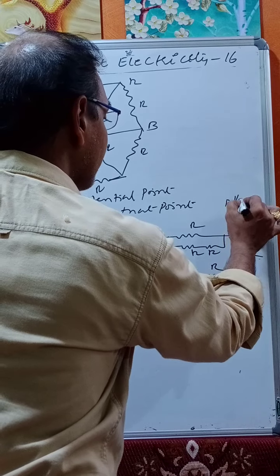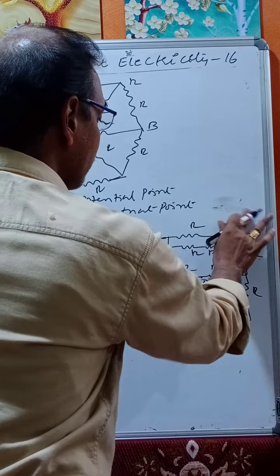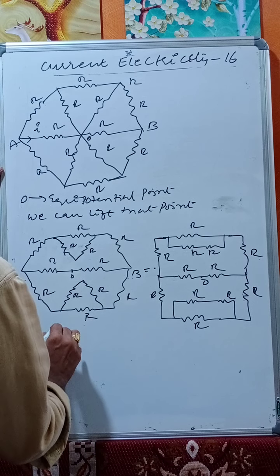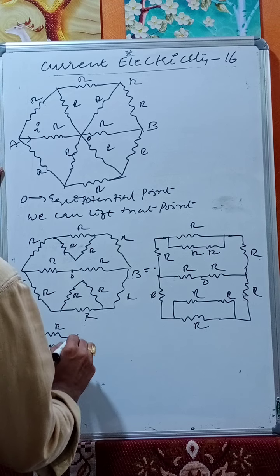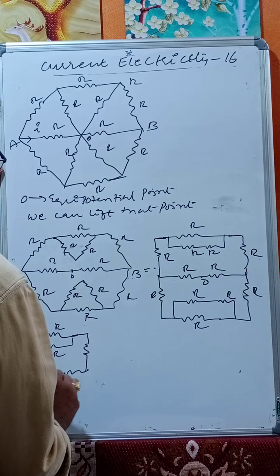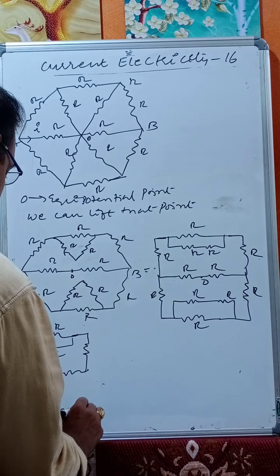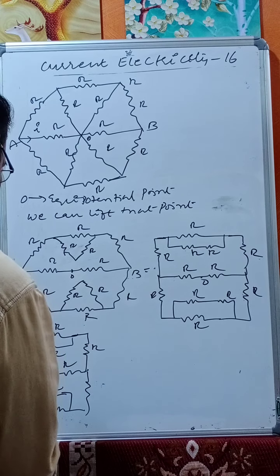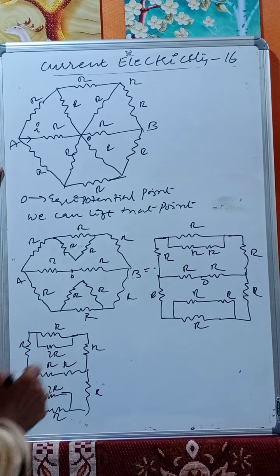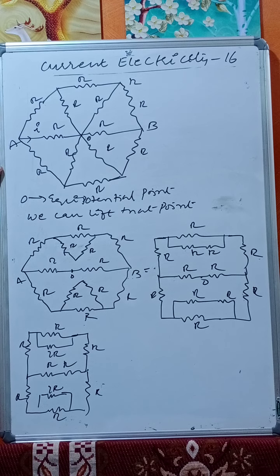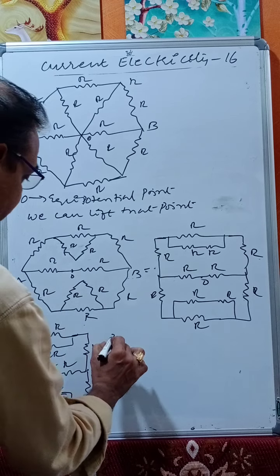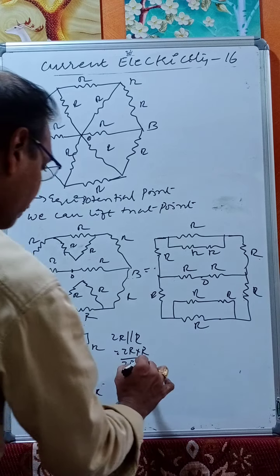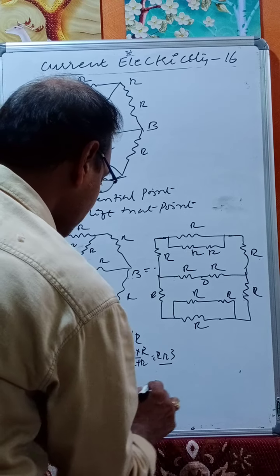This will be R parallel with R series with R. R in series with R is 2R. 2R in parallel with R. This becomes this is R, this will be 2R. 2R in parallel with R is 2R by 3. 2R in parallel with R is equal to 2R into R by 2R plus R, 2R square by 3R.